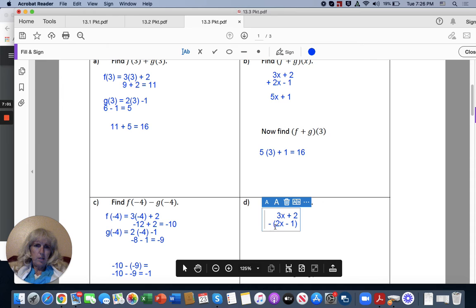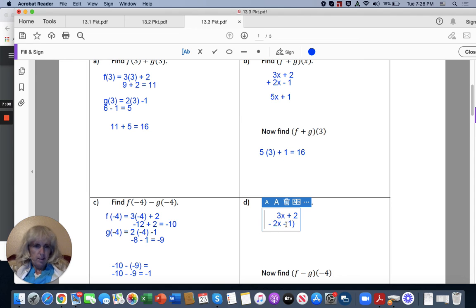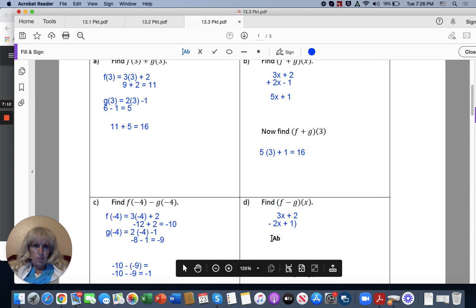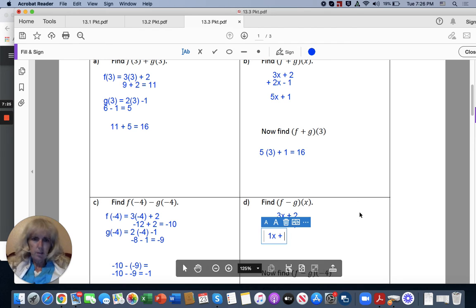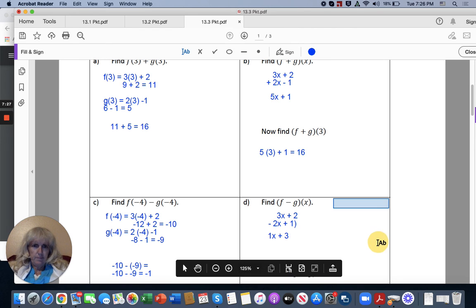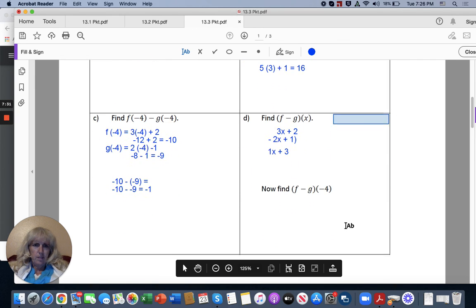Then I distribute the negative through the parentheses. So this becomes a minus 2x, and this becomes a plus 1. Okay, so when I do that, 3x minus 2x over here, I will get 1x. And I don't need to put 1, but I did anyway. And then we have a plus 2 and a plus 1, so that becomes plus 3. Okay, so there's your final answer. You can circle it, and there you go.